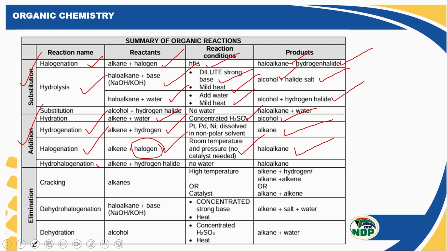And reaction number 4, which is the last one on addition reaction, you are reacting an alkene with your hydrogen halide. And the reaction conditions: no water. As a product, you get your haloalkane. Now, the difference between your halogenation and your hydrohalogenation is that your halogenation in addition will have 2 halogen substituents.